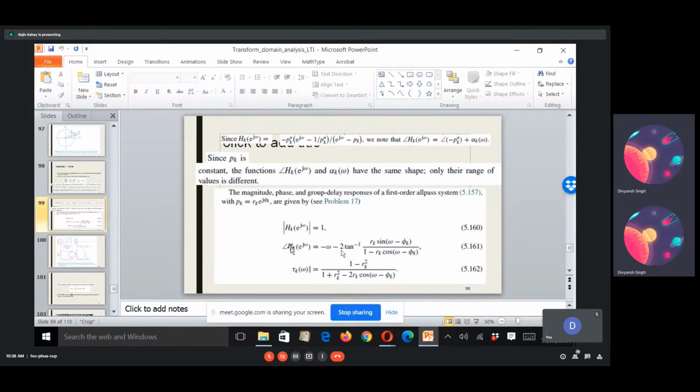So these are the formulas by which you can find the magnitude, phase, and group delay of a first order all pass system, where Pk is equal to Rk into e to the power j phi k. As I had said, the magnitude of an all pass system is 1 because you are dividing the numerator by a denominator whose magnitudes are the same. The angle can be calculated like this, and this is the group delay.